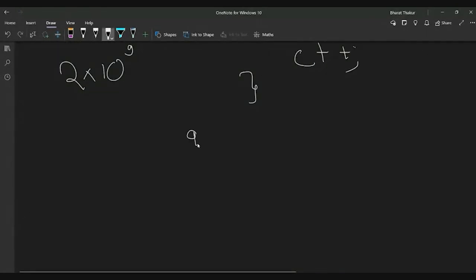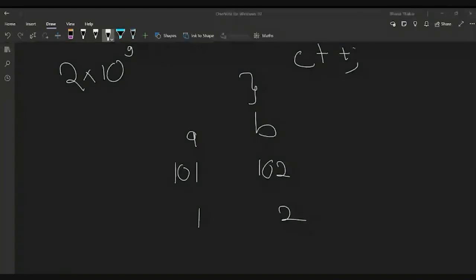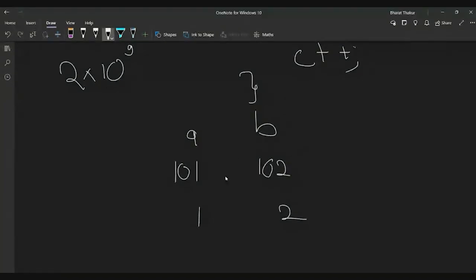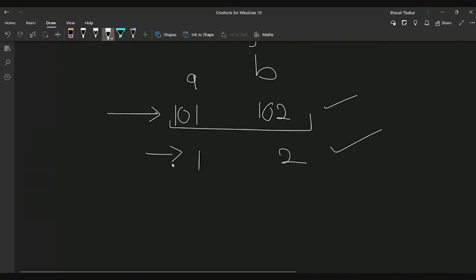If I have AB values as 101 and 102, and I have AP values as 1 and 2, I can say both of these are almost equivalent. How? Because at some point, when I am applying these operations on these values, they will become equal to these values, and it will be after 200 operations.